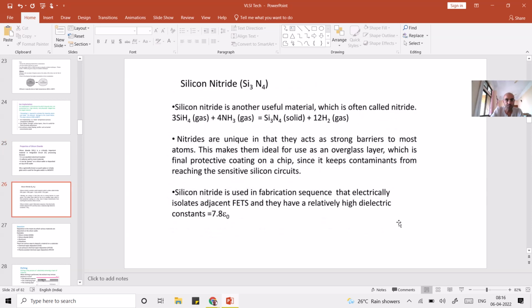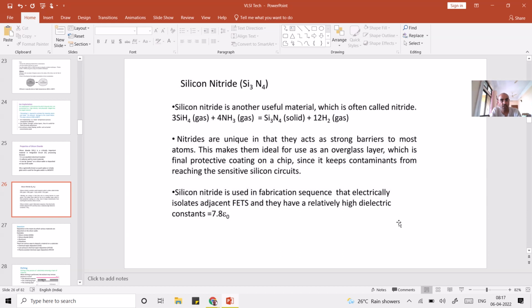Okay, then the other material which you usually use for protecting the device is silicon nitride. Silicon nitride is used as a gate material also, well, not as the gate material basically, but in place of silicon dioxide.